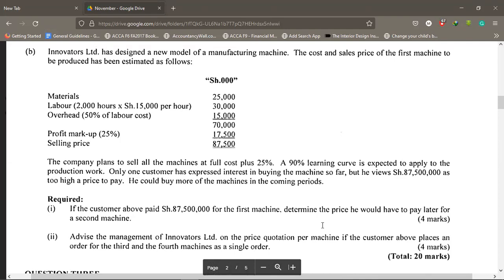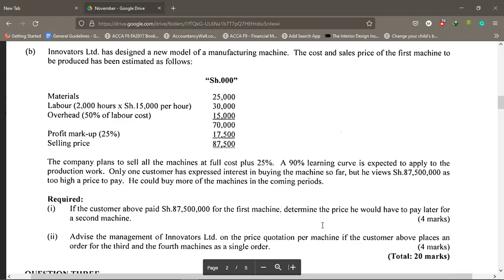We have been told that Innovators Limited has designed a new model of a manufacturing machine. The cost and sales price of the first machine to be produced has been estimated as follows. Material, labor and overhead are given, then profit markup, then we have our selling price. The company planned to sell all the machines at full cost plus 25%.